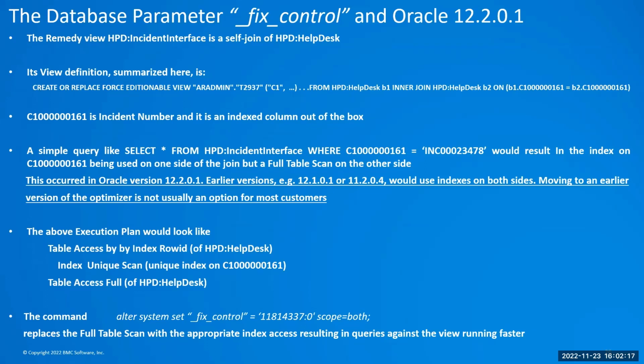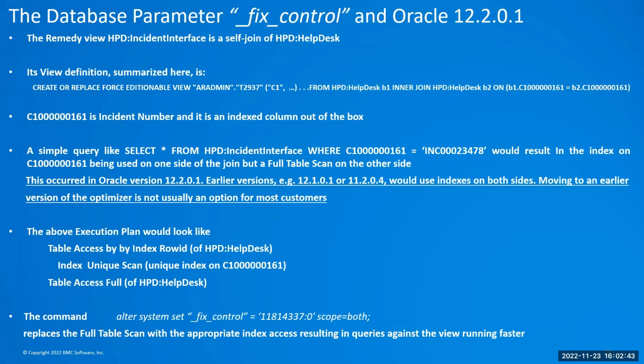So Oracle has a flag, 0 or 1. If you set fix control equal to the bug number:1, you're saying, turn this feature on. In the code path, execute the fix that was put in for the bug. But if you set it to 0, you're turning off that code path.